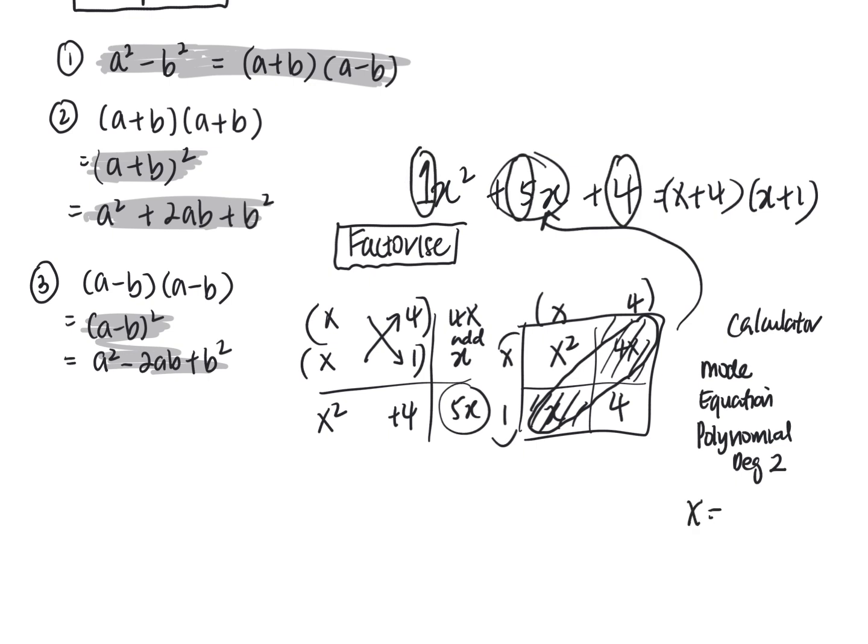So your calculator will give you two answers. One is minus 1, one is minus 4. So you need to work backwards to get x plus 1. This one you will get x plus 4. So you will see that you will get these two also. So there's 3 methods. You must know one, because you need to use this to factorize.